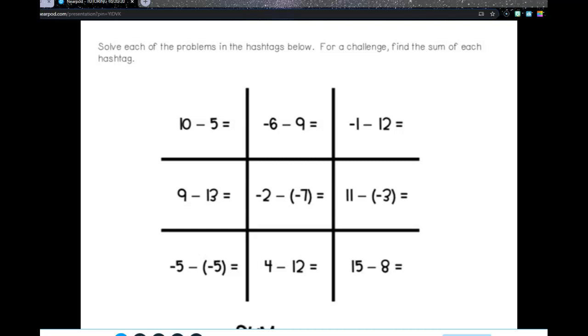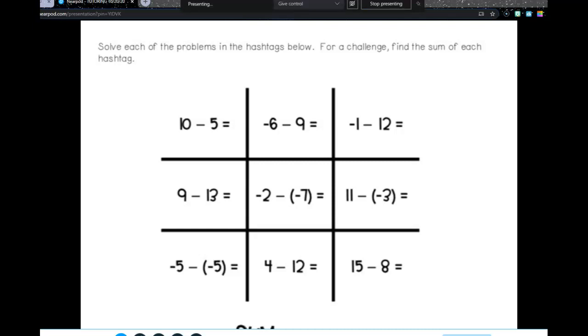For adding and subtracting integers, that's the thing I'm struggling with because the numbers look weird to me. Okay, so let me share what we're working on right now. Hopefully you'll be able to see it on your screen.